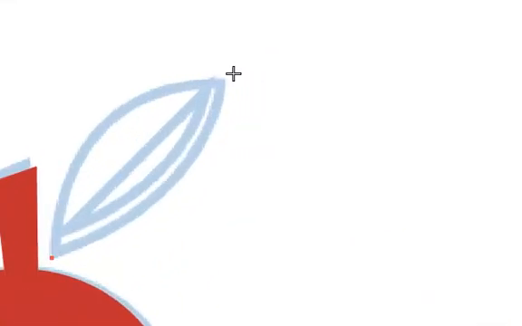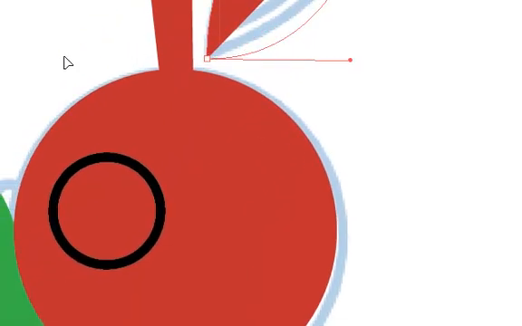Now if I go over here, I'm good. Again, I want to come back here and get rid of this handle, otherwise my leaf's going to go way over there. Click, whoops, click there, and click here. There's another shape under there. I know it's there, so I'm just going to draw it.